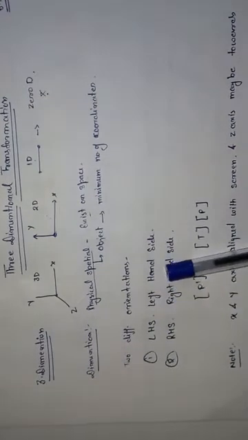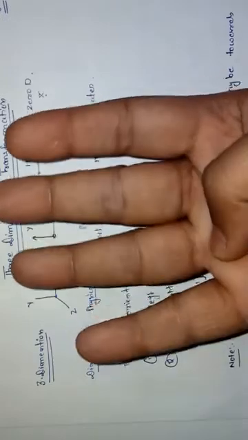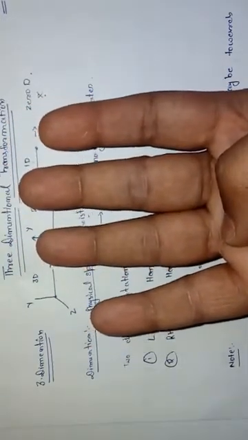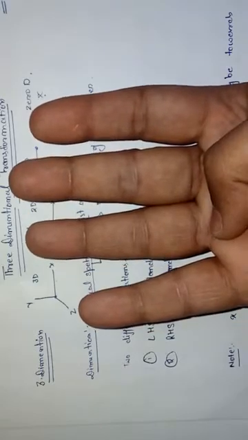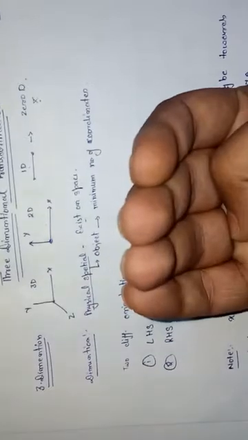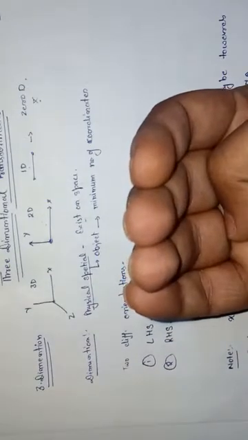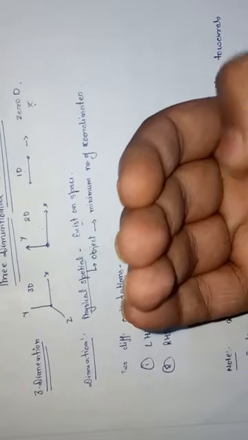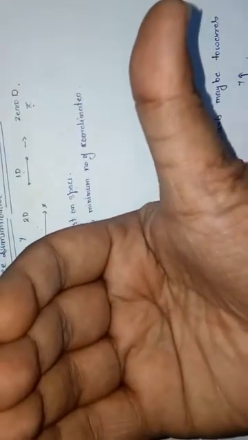Take four fingers: whichever direction the fingers show, that direction is X. If we fold these four fingers upward, the direction they show is Y. Then the thumb shows the direction called Z.